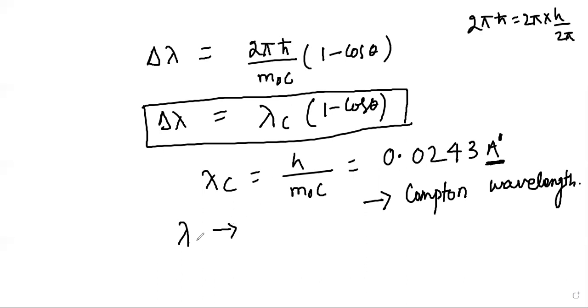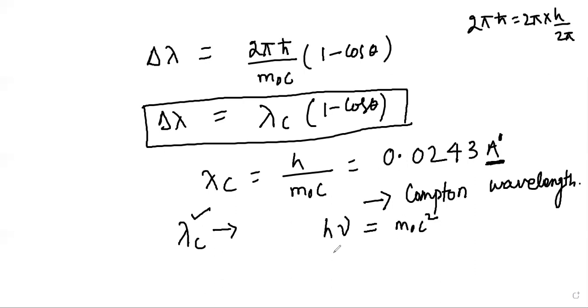So how do we do that? Let us define this lambda c this way. We said h nu is the energy of the incident photon, right? h nu is equal to the rest energy of the electron, that is m0 c square, right?